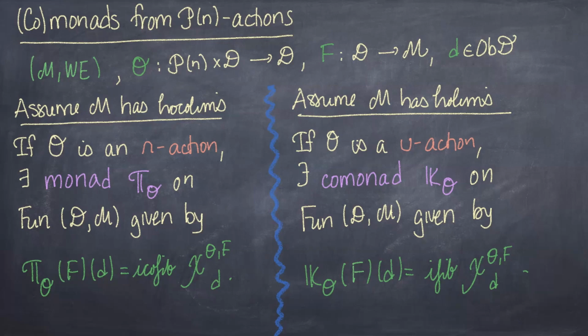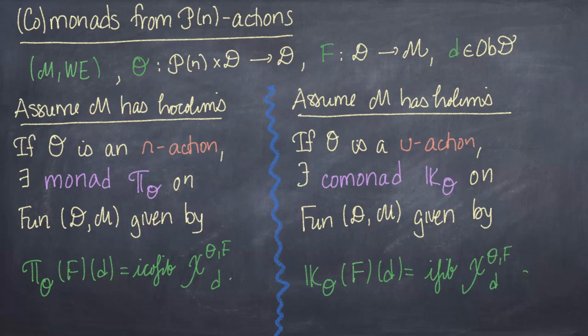On the other hand, if we have a union action, then we can build from it a comonad, again on the functor category, in the following way. We take our functor F, we apply K theta to it, that's going to give me a new functor in the category from D to M. And what value do I get when I apply it to d?